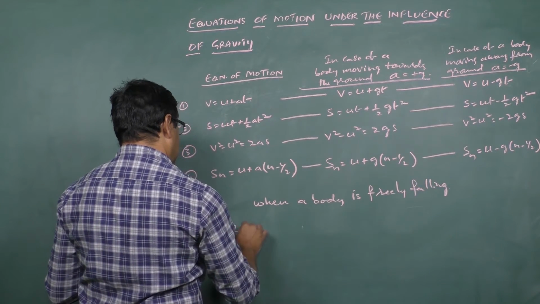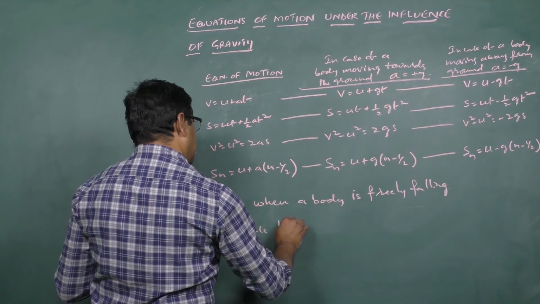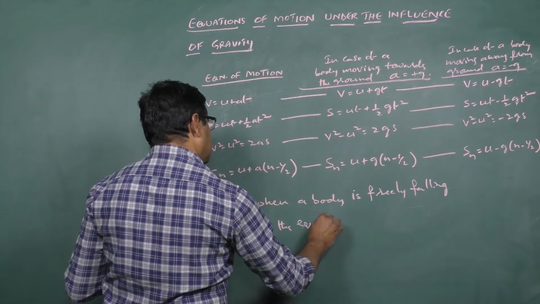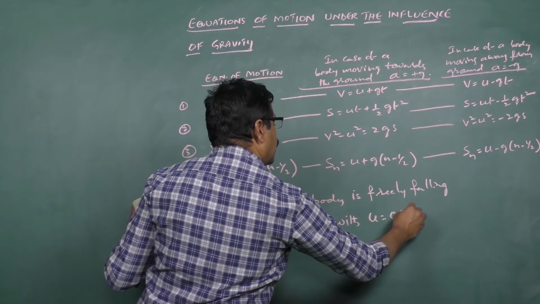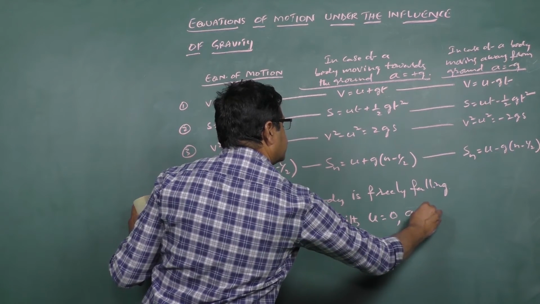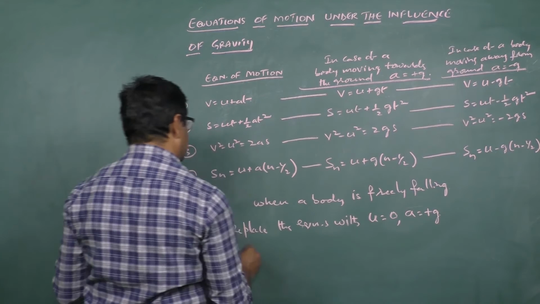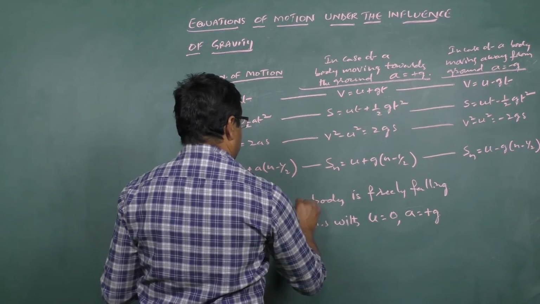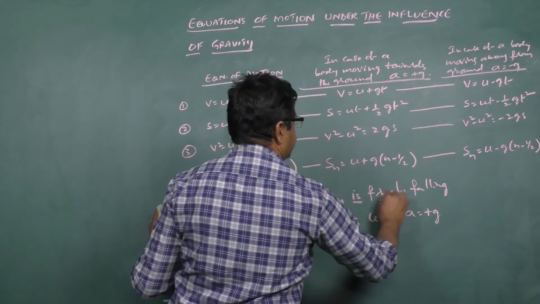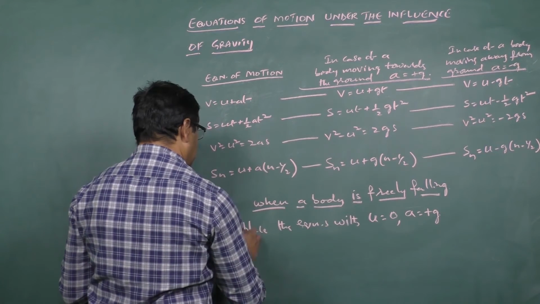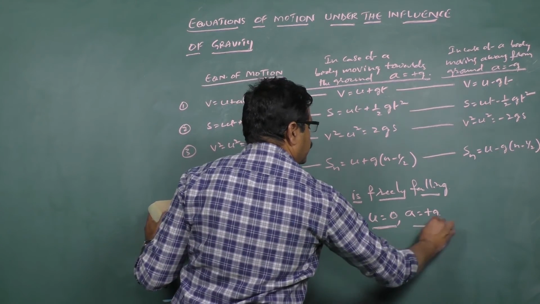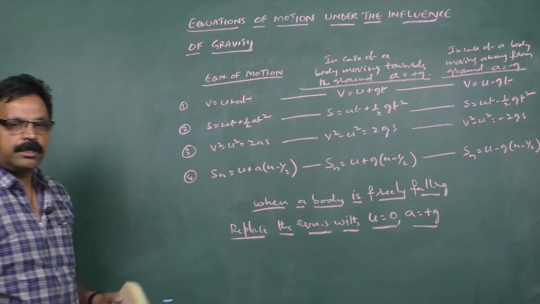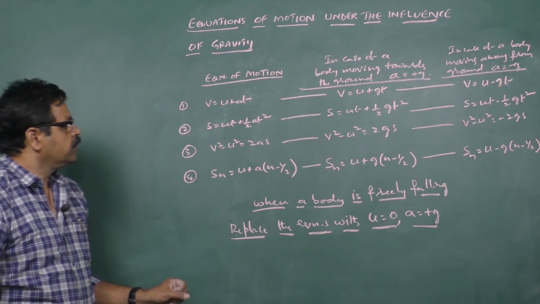Replace the equations with u is equal to 0 and a is equal to plus g. So this is the only case. If it is simply falling, then u will be there. But in freely falling, u will become 0.